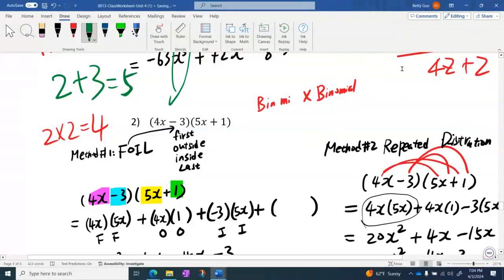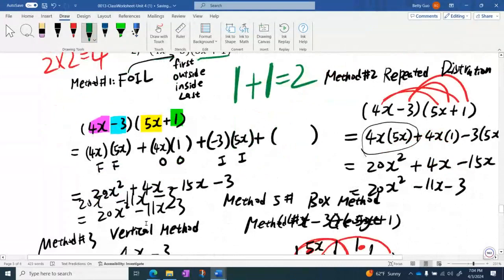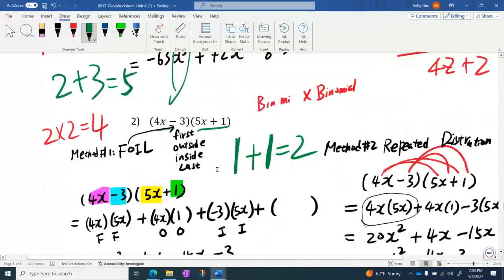Look at the binomial times binomial. The first binomial, degree 1. The second binomial, 5x plus 1, degree 1 as well. 1 plus 1 is 2. That means the result must be a polynomial with degree 2, and it is. 20x squared minus 11x minus 3 is degree 2, right?